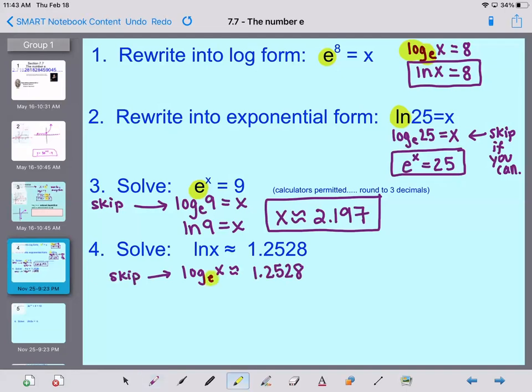Start with the base and go around the equal sign. And then grab your calculator and put this e to the power of into it.